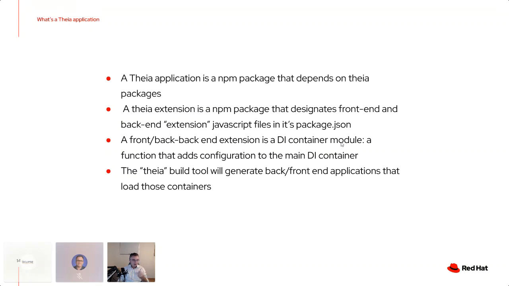And it will generate a front-end and a back-end application file that will load all these container modules into the main Theia dependency injection container at runtime when it starts up.